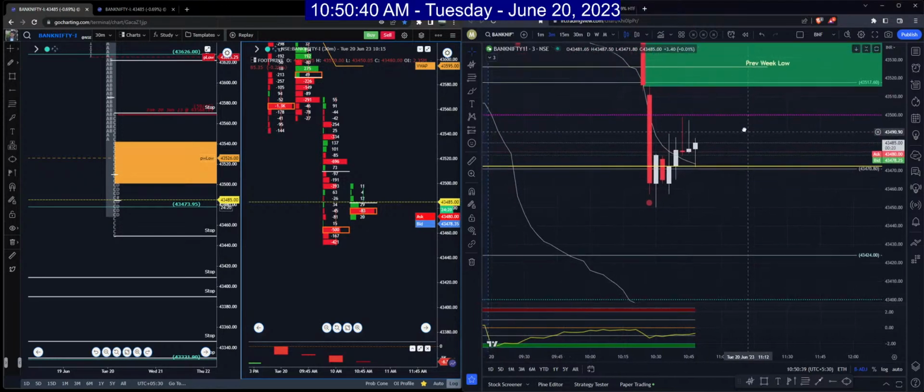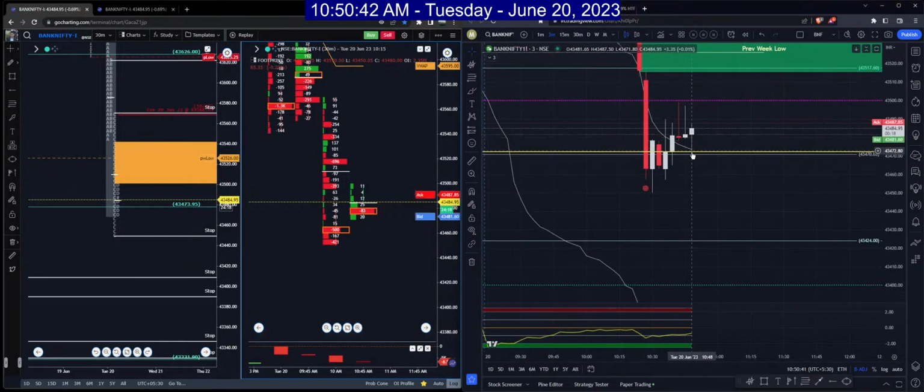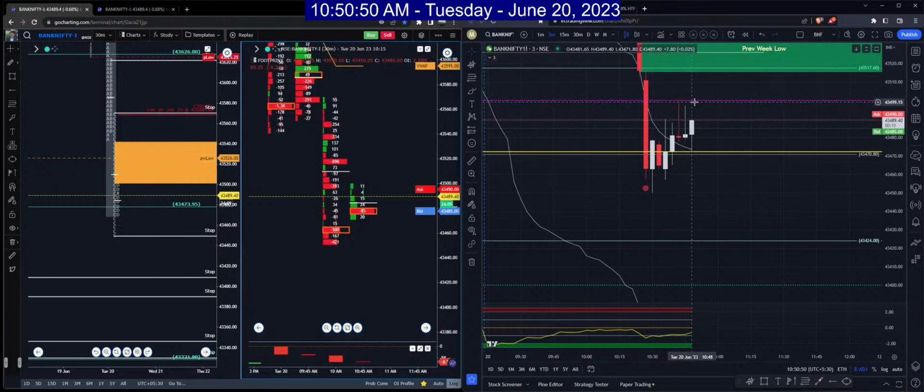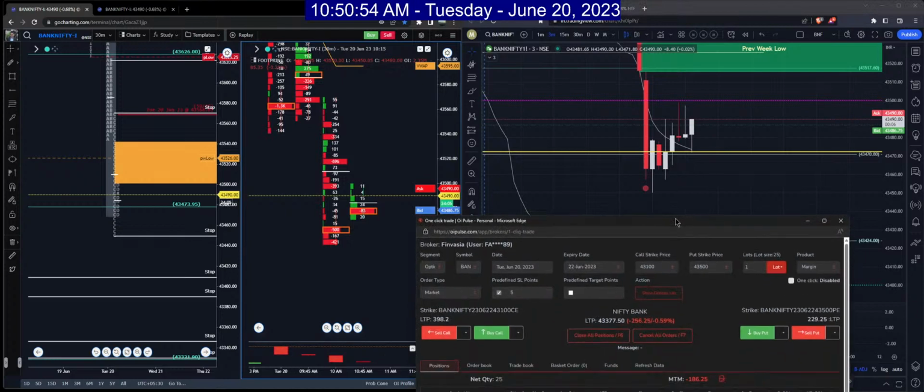Okay, I've kept my SL at 389 and I was expecting responsive buying here. Now I'm looking for continuation up and see the price going higher and taking the seller at 43,500, because this is a psychological level.